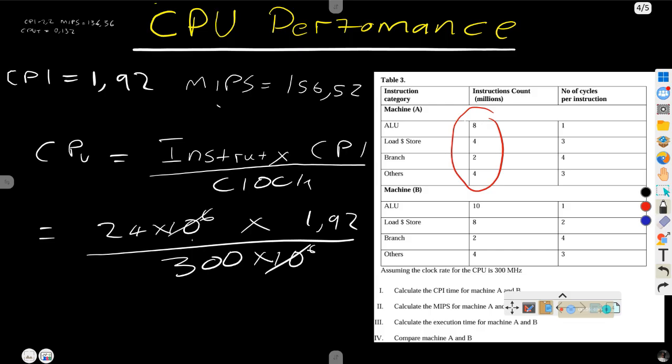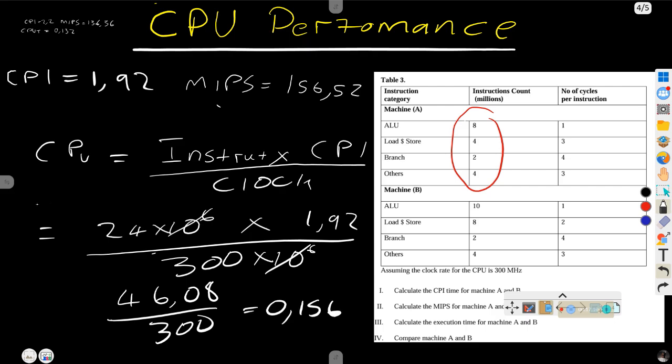Cancel this, then you are left with 24 times 1.92, which is equal to 46.08 over 300. This answer over 300 gives us 0.153. Now that is our time, 0.153.